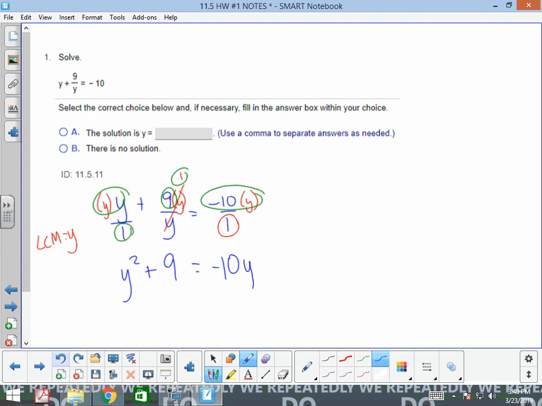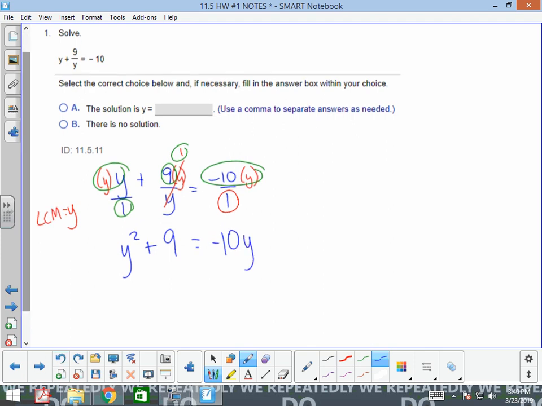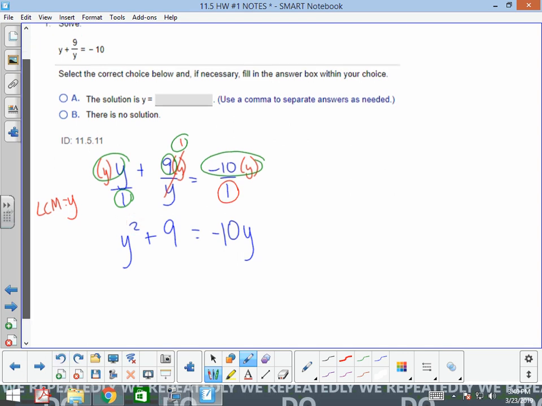Now, we learned back in I think it was chapter 9, section 4, that whenever there is an exponent that is 2 or more, then we have to solve this by using factoring. So the rules for factoring are first to get it in standard form. So I need to get this side to be a 0.